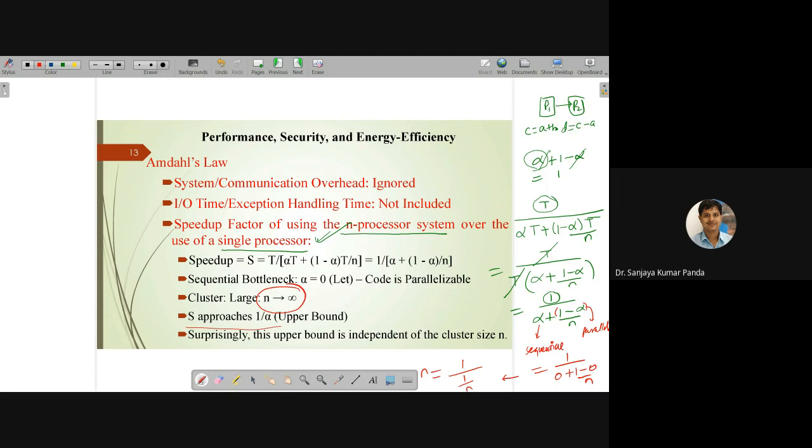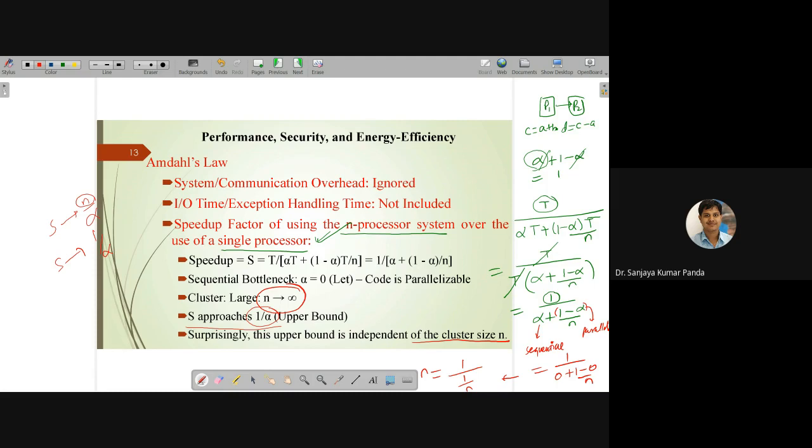And surprisingly, this upper bound is independent of the cluster size n, because there is no n value here. If I say S is n by alpha, it is dependent on n. But if S is 1 by alpha, it is independent of the cluster size n. So whether your n is very large or small, it is not going to depend on that.